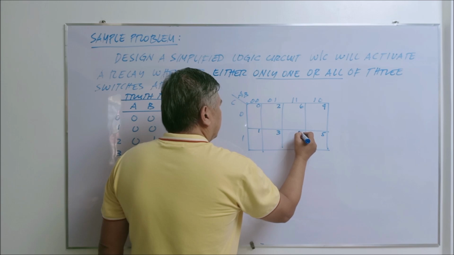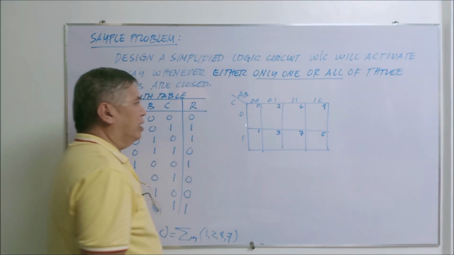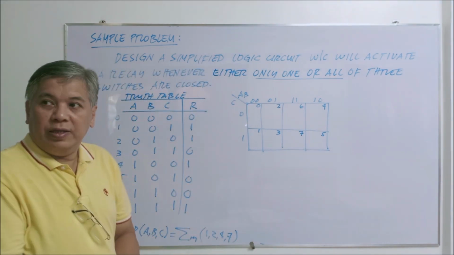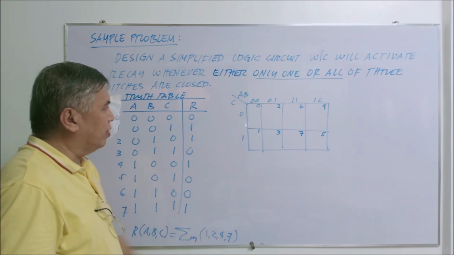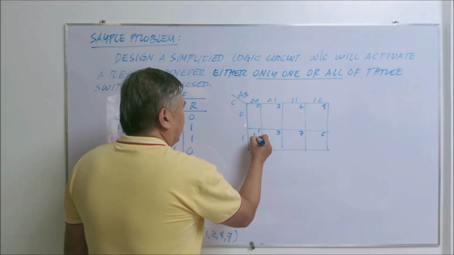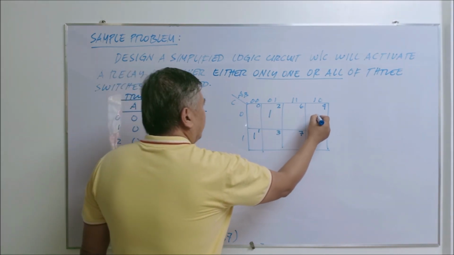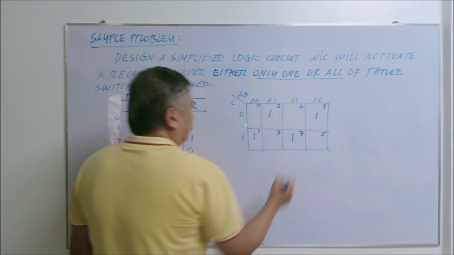And this one, 111, is 7. Then we locate the values of your minterms: 1, 2, 4, and 7.